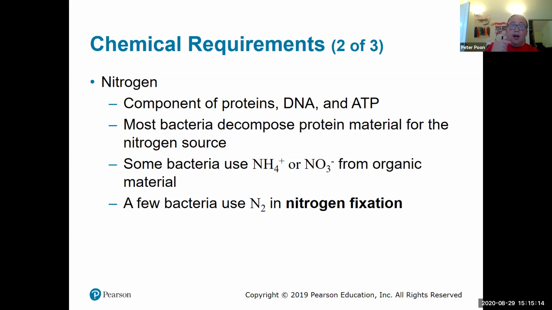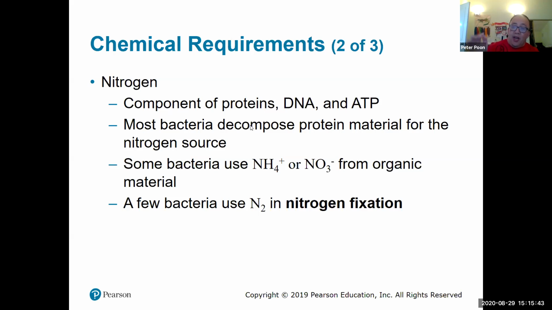A few bacteria use N2 from the air, the nitrogen in the air, for nitrogen fixation. This is really important because these bacteria are the only ones that can actually get nitrogen and break it down into NH4, which these guys can use, or amino acids, which these guys can use.